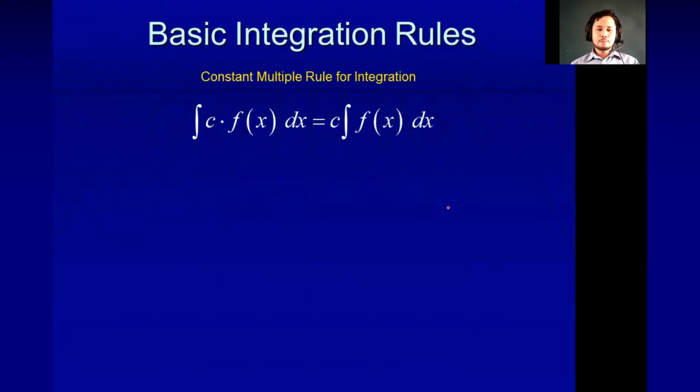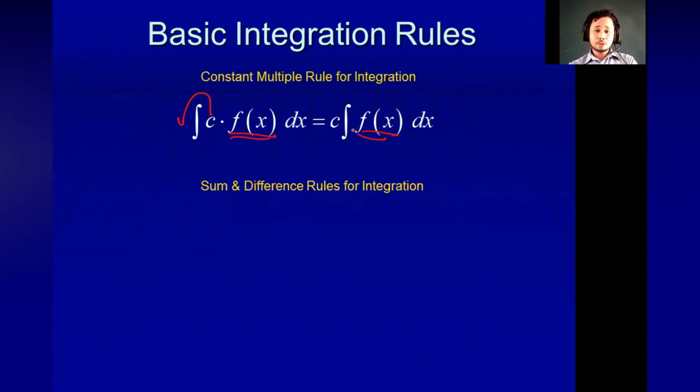That rule is also called the constant multiple rule for integration. If we have a constant c times a function dx, then all you have to do is pull out c and then get the antiderivative of f of x. Here in antiderivatives, we also have the sum and difference rule for integration.